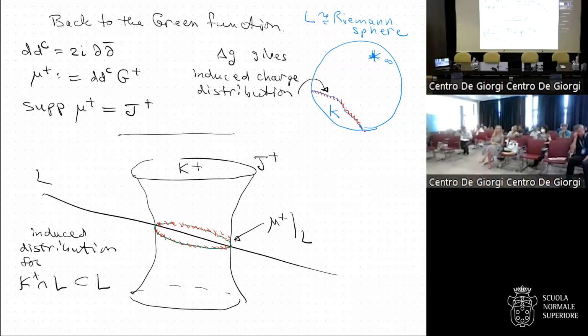When you slice G plus on the line, you get the Green function of that intersection. And when you slice the current on that line, for that sliced Green function, you get the induced distribution. So your mu plus is something that carries a lot of sort of redundant geometry, but a lot of information. It's a very, very interesting object.